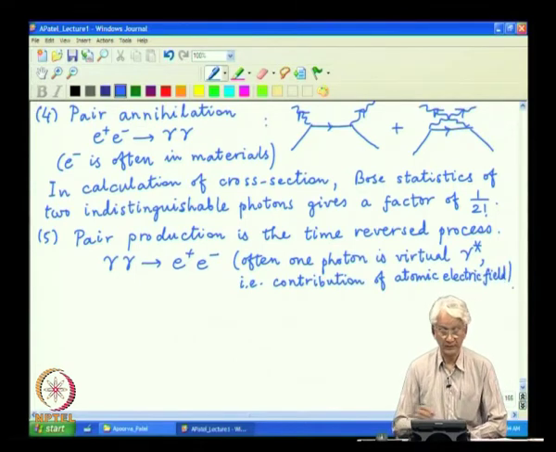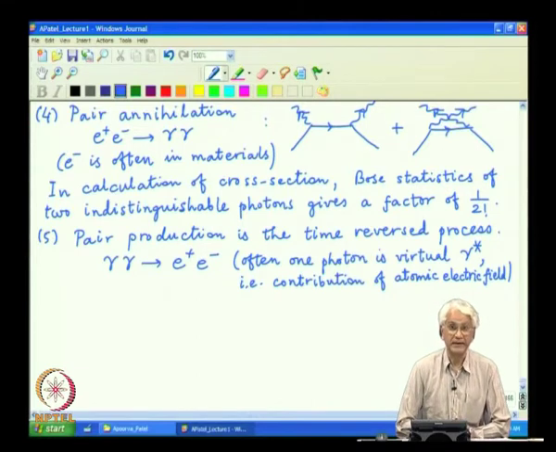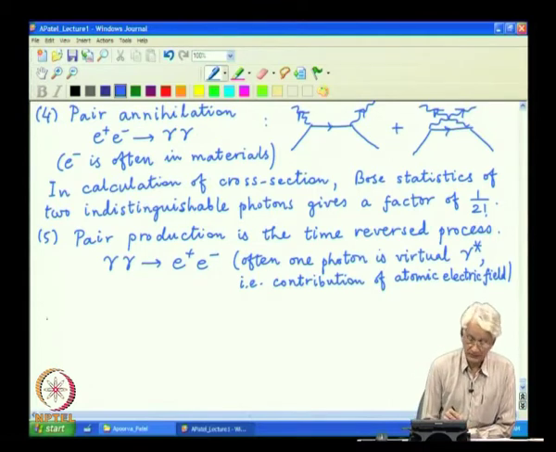So, that is how the process is actually often observed. One does not hit one photon in another, but a high energy photon when passing through a material picks up the virtual photon from the atomic electric field and produces pairs. So, this is how this process is experimentally seen in radiation passing through matter. So, that is the pair production process.